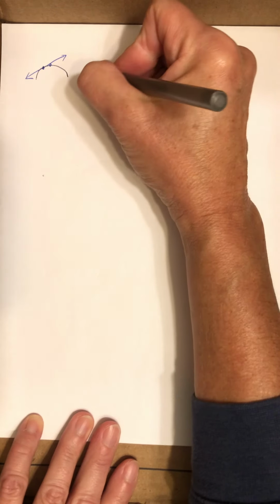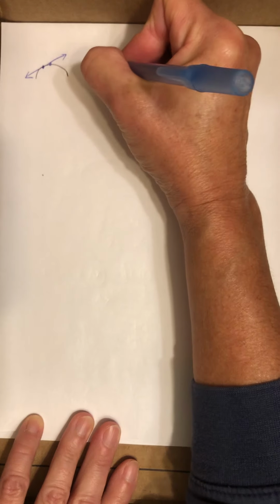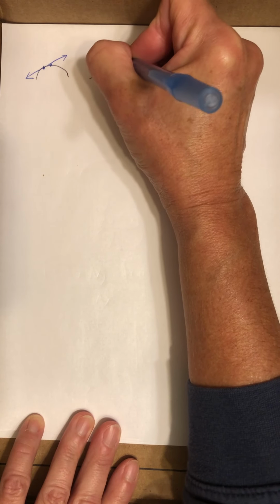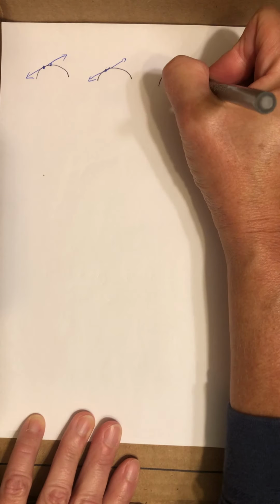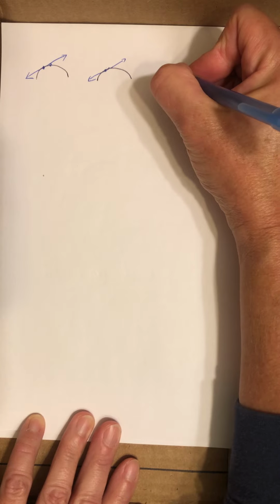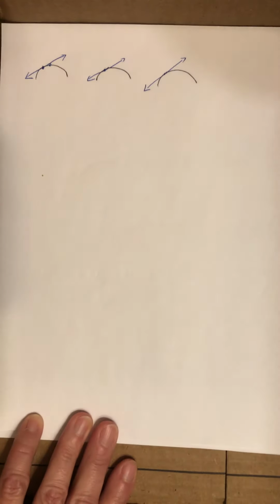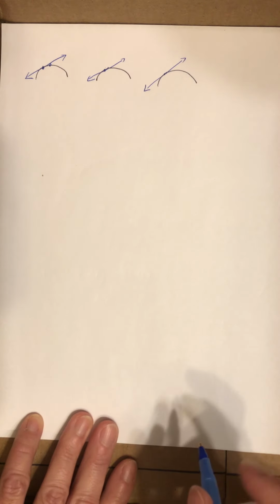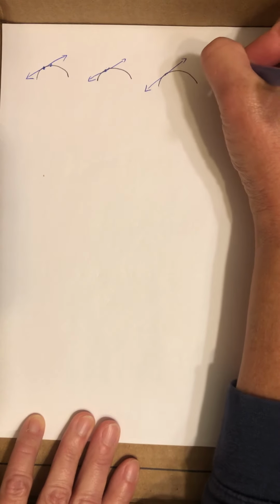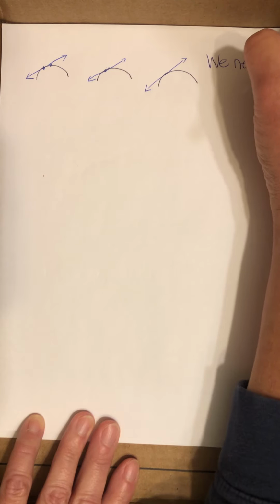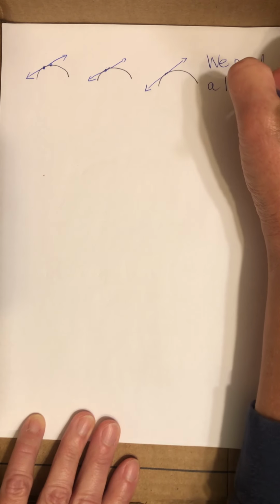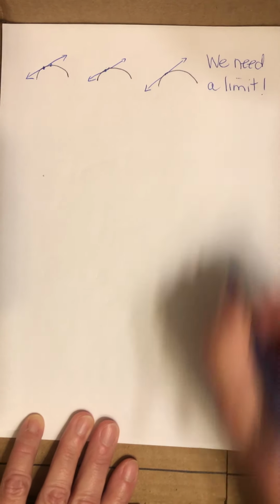What if, here's my curve again, I made those 2 points get even closer to each other? And one last time, what if I made these 2 points get so close to each other that it almost looked like 1 point? In other words, we need a limit to do this. Of course, that's why it's in this section. What does this look like?